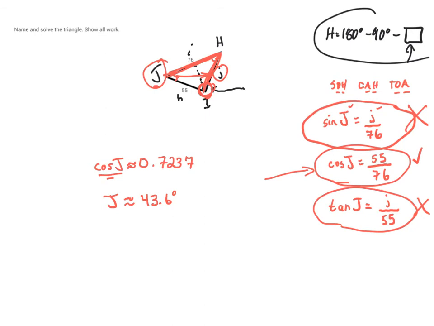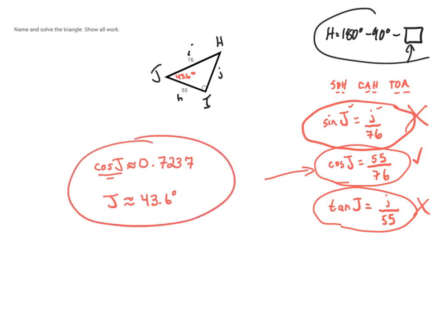So I'll do a little erasing in here. And I can say that this is 43.6 degrees. Okay, anytime I find a side or an angle, I start from scratch and I ask myself, do I know exactly two angles, 43.6 degrees and 90 degrees? Yes, I do. Now I can go and use my equation that I like the best to find the other angle.